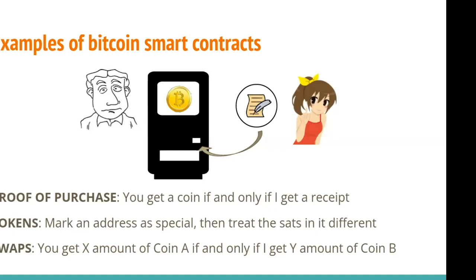Some of the things you can do with smart contracts in Bitcoin: the most common thing we do with them is use proofs of purchase. The Lightning Network gives you a proof of purchase, for example, every time you buy something. So a proof of purchase works like this: you get a coin if and only if I get a receipt. Typically I will lock up some Bitcoin into a thing that specifies the piece of text you have to supply me with in order to get this coin. It's not just your key, but it's also a receipt.